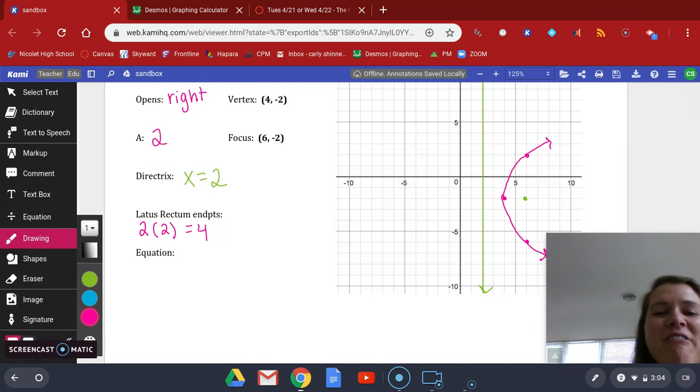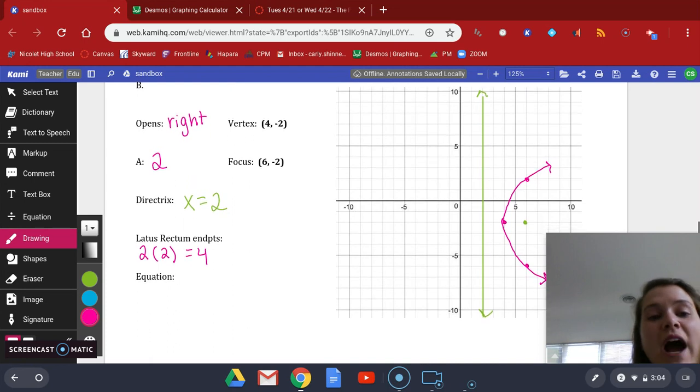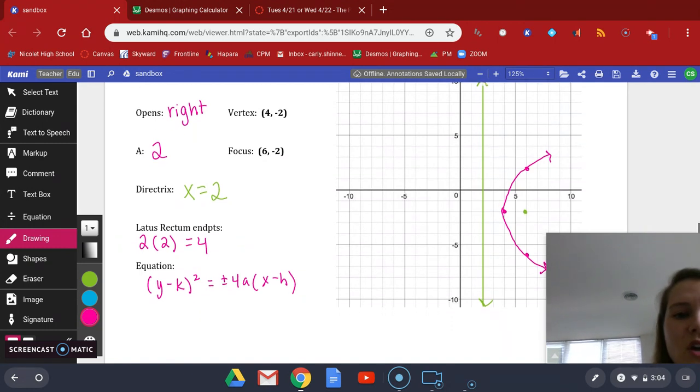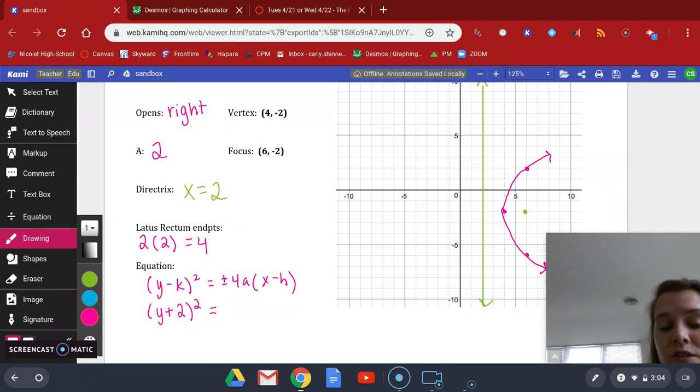All right, let's get our equation here. So this opens to the right, and so that means my y is going to be squared. So I'm just writing the general form of the equation. You don't have to necessarily do that. So grabbing that -2, that would give me y plus, not k, y plus 2 squared equals, it opens to the right, so I need it to be a +4 times a, which is 2, and then it would be x minus 4.